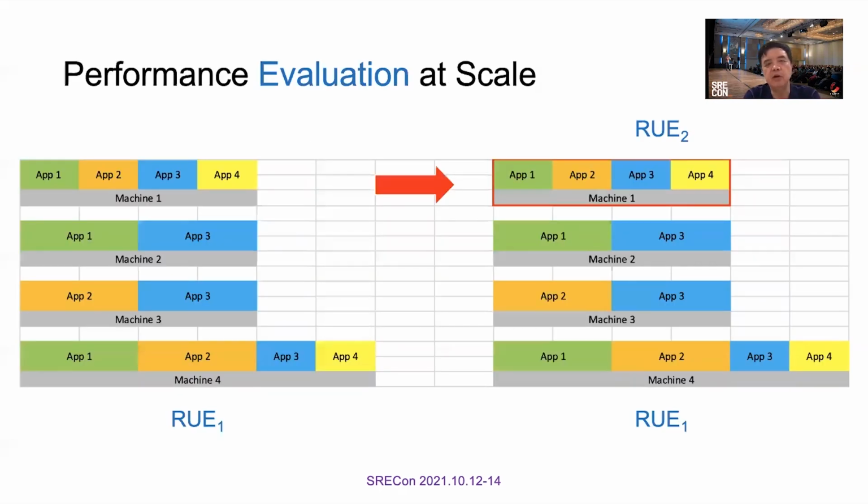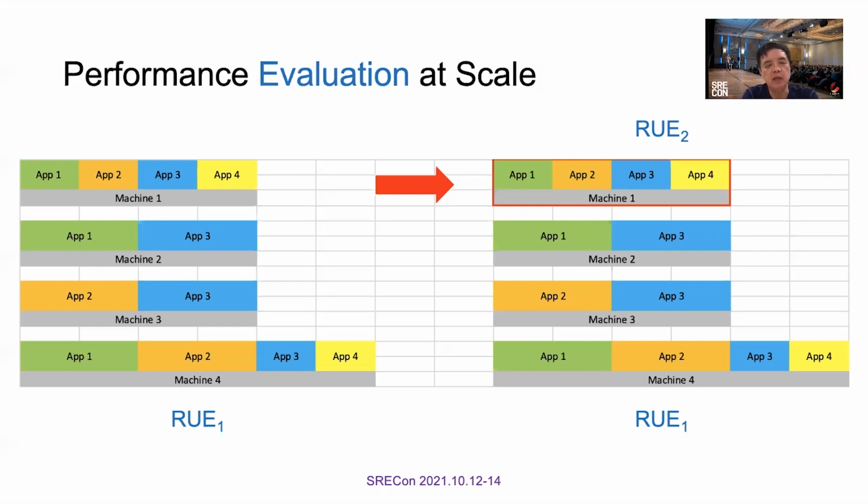So here is a figure that illustrates what we are doing. We reduce the number of machines and the number of applications drastically to illustrate it. On the left, we have 4 machines and 4 applications. And just by chance, they are deployed on these 4 machines in different ways.